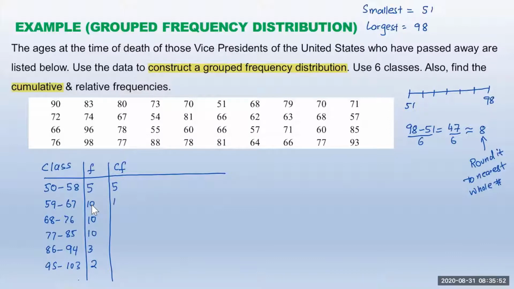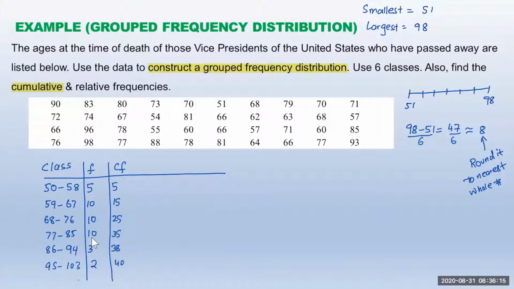Now we add up to here: 10 plus 10 plus 5 is 25. Then we add 10 more in the next one, that'll be 35. Then we add 3, 35 plus 3 is 38. Then plus 2, that is 40.